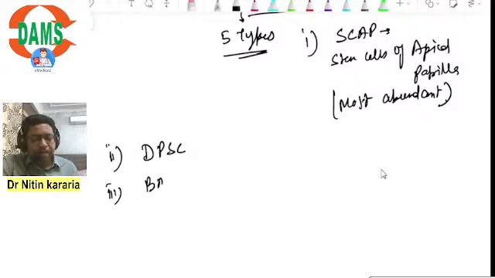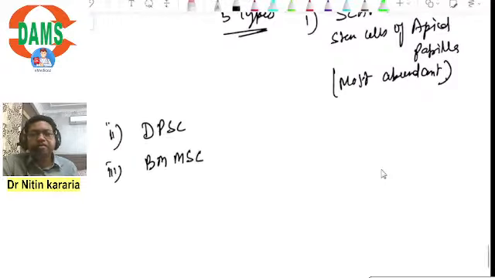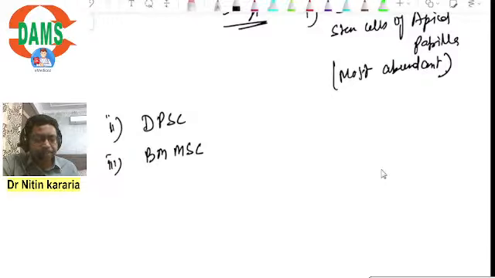Bone marrow mesenchymal stem cells. MSC stands for mesenchymal stem cells. BM stands for bone marrow.